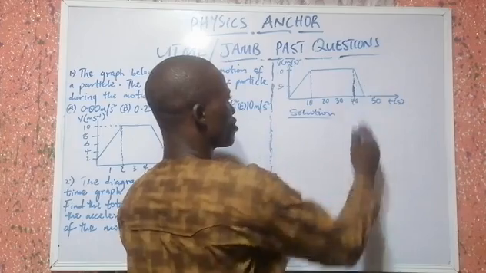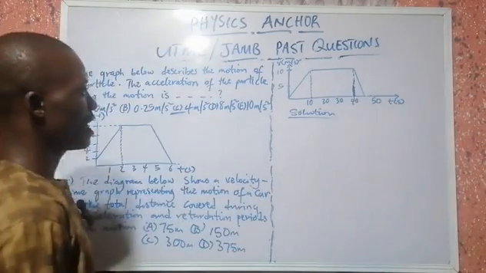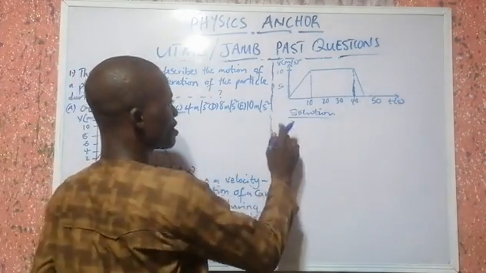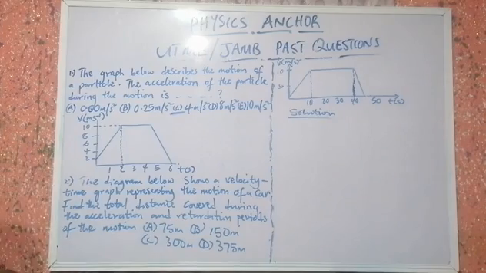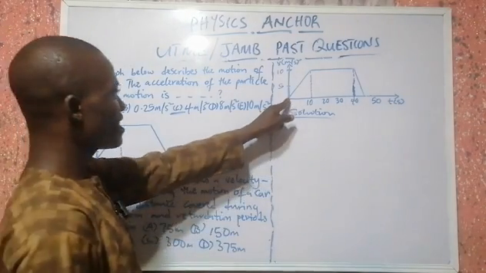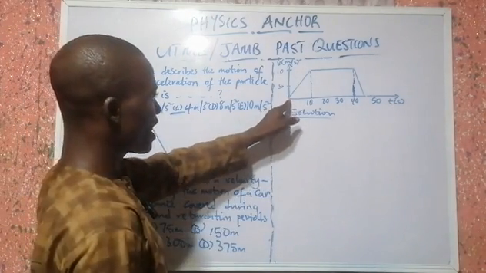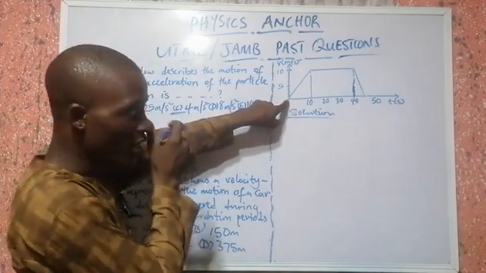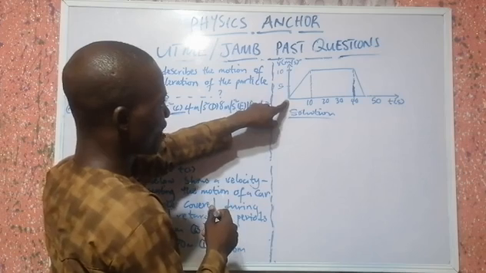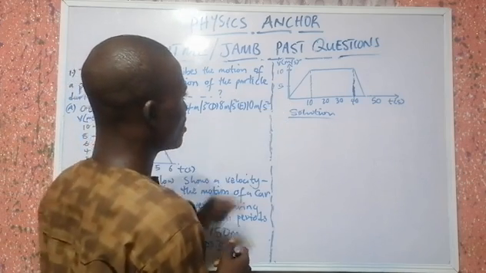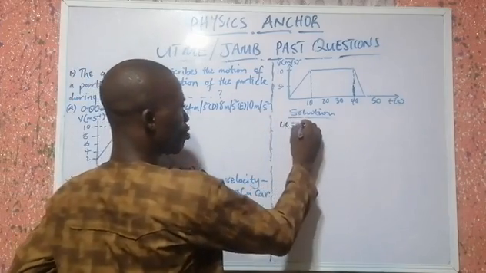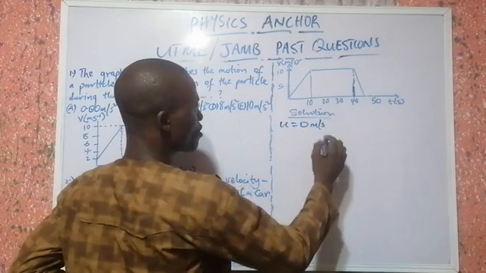Let me make this perpendicular very well to that line. So let's first deal with this. According to this journey, the object actually started moving from the origin, which means it started from rest. The line of the acceleration began from the origin, so u equals 0 meters per second.